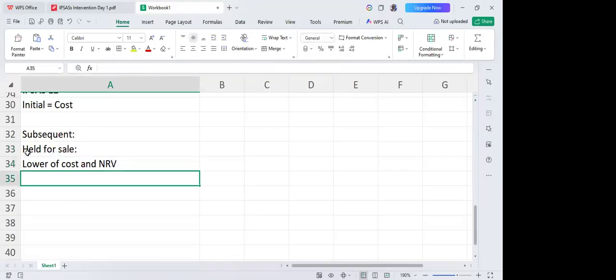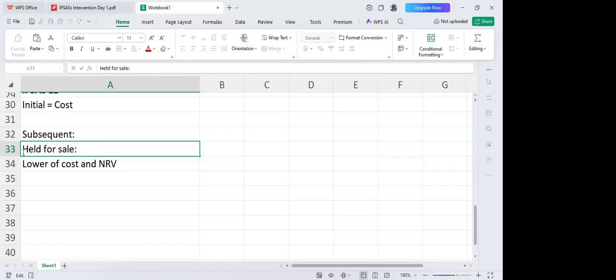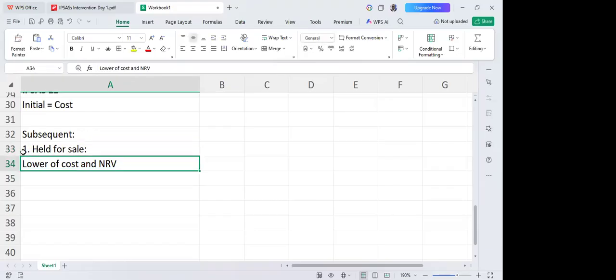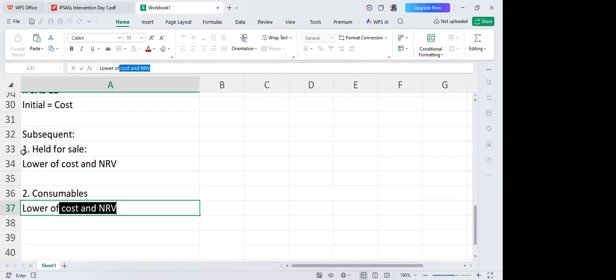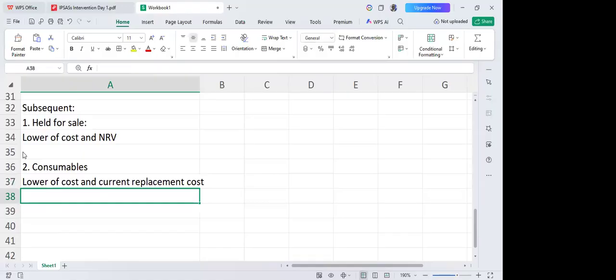Which other one do we have? A different person? Helen, go ahead. The other one is the consumable, which is lower of cost and current replacement cost. Okay, that's good. Which other one do we have?